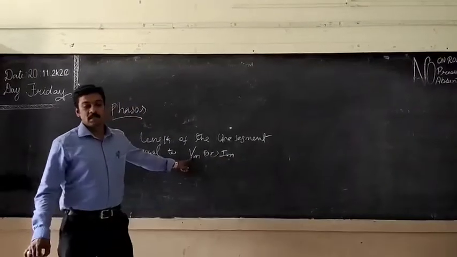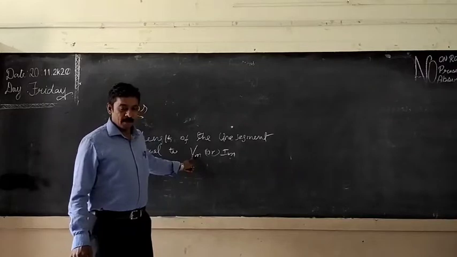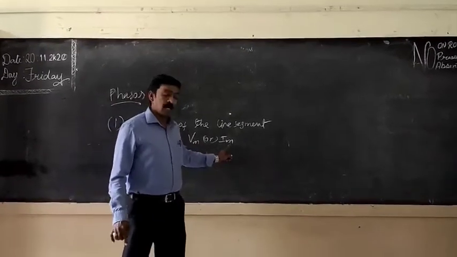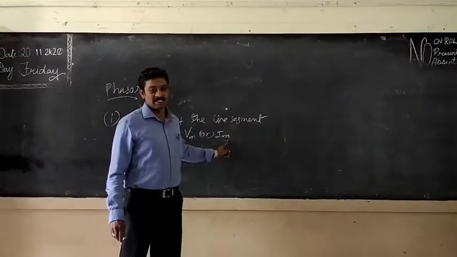Vm means maximum AC voltage, and Im means maximum AC current.